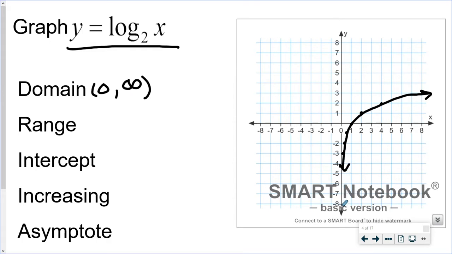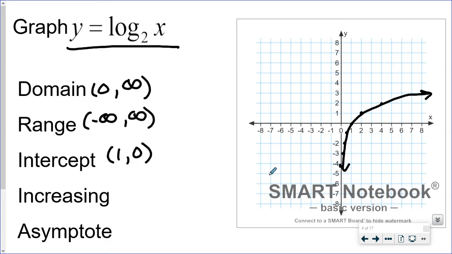We'll hug this line here, but we'll never actually get to it. Our range, we go down forever, we go up forever. So this is all real numbers or -infinity to infinity.